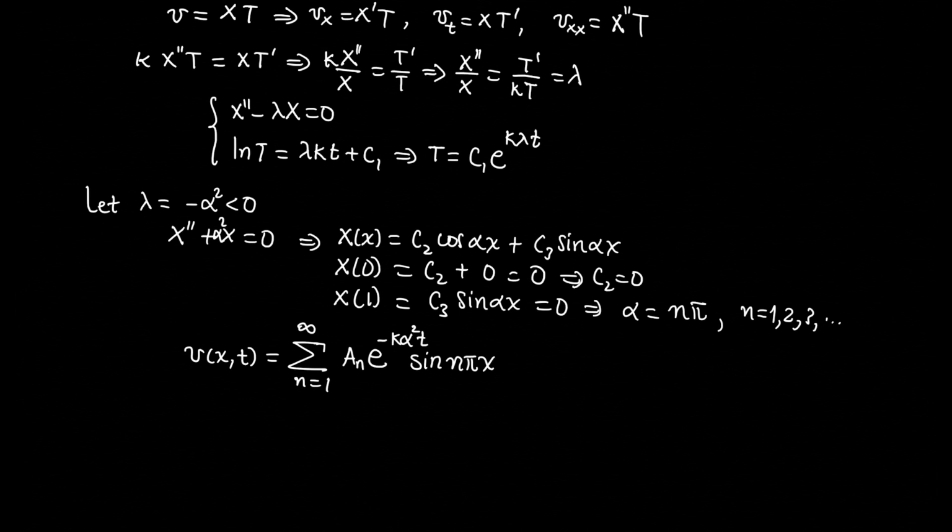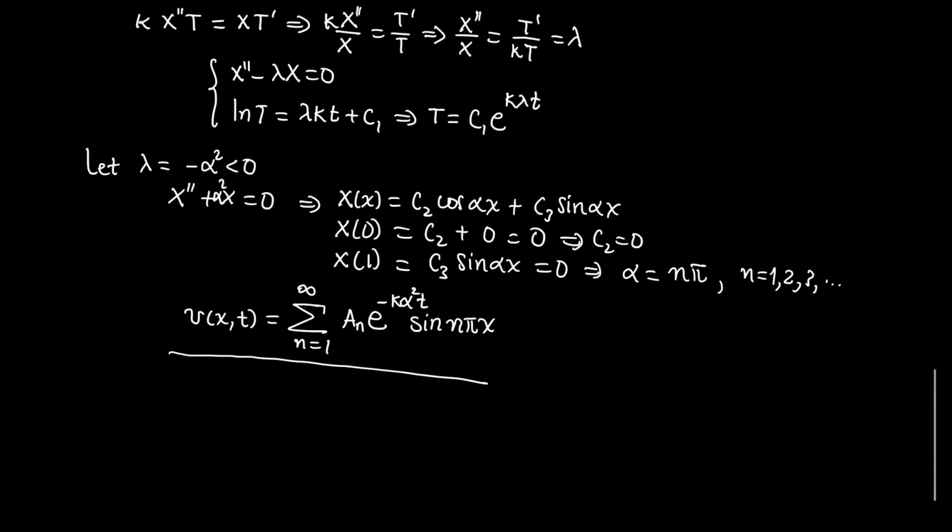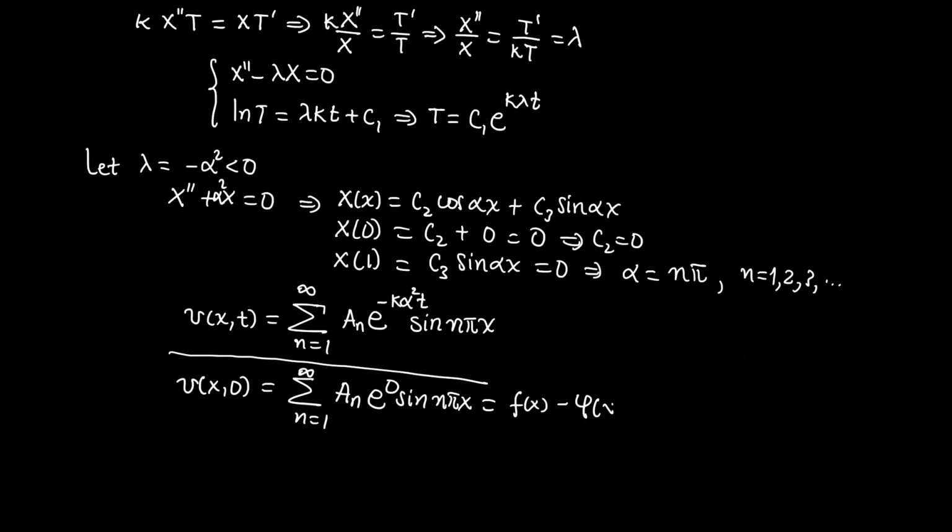Okay, so after some work, you end up with this solution for v. Now you need to find an, so just use the initial condition, which is v x 0 equal to the summation n equals 1 to infinity of an sine n pi x, and this has to be equal to the initial condition, which is f x minus phi x.